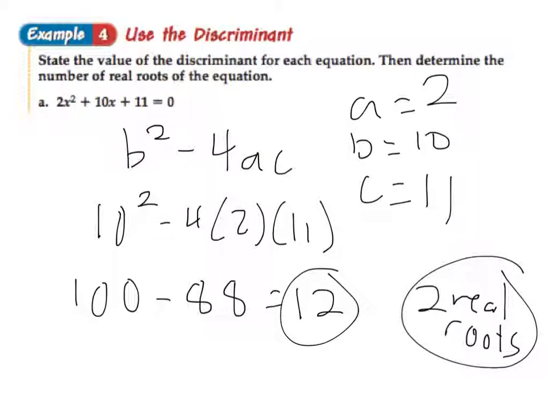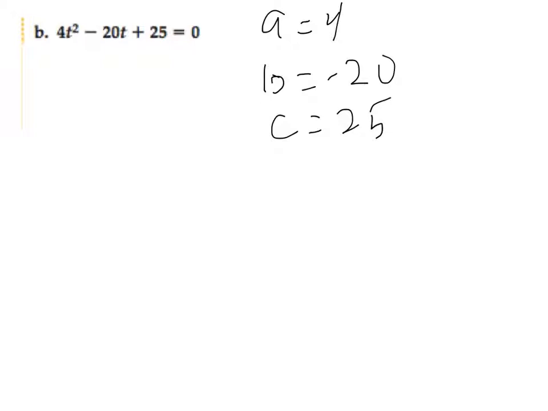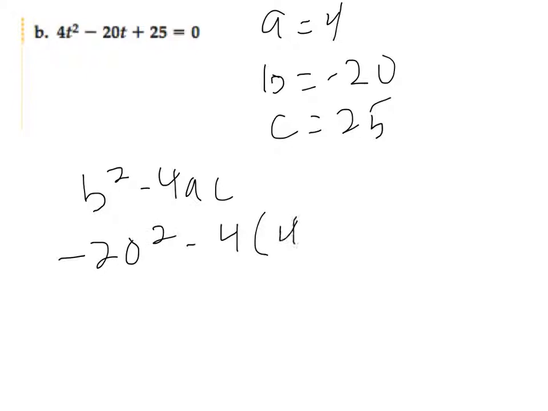Okay, next one. 4t squared minus 20t plus 25 is equal to 0. In this case, A is 4, B is negative 20, and C is 25. So we have b squared minus 4ac, so negative 20 squared minus 4 times 4 times 25.